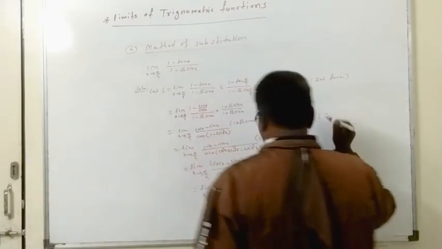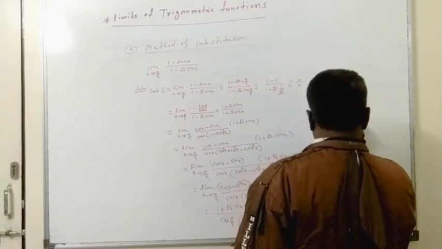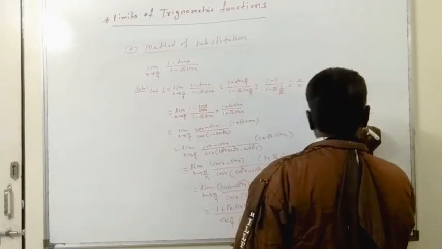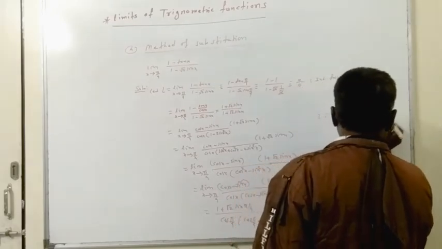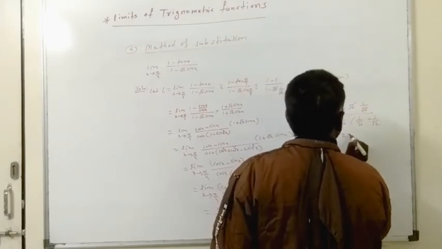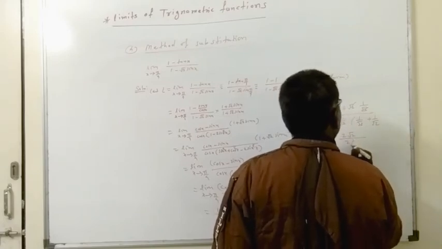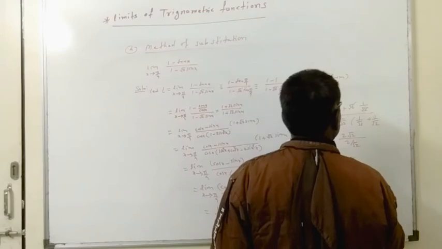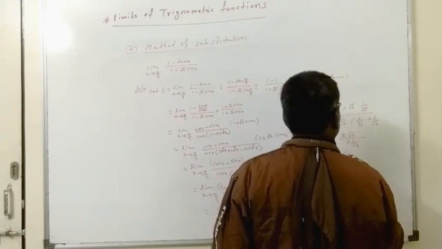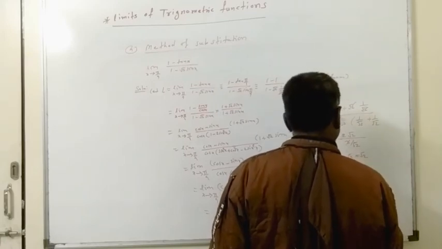So here we get 1 plus root 2 sin pi by 4, which is 1 plus 1 upon root 2 times root 2, divided by 1 upon root 2 times (1 upon root 2 plus 1 upon root 2). So 1 plus 1 is 2, divided by 2 divided by root 2. Now root 2 gets cancelled, root 2 into root 2 is 2. So the required limit is 2.